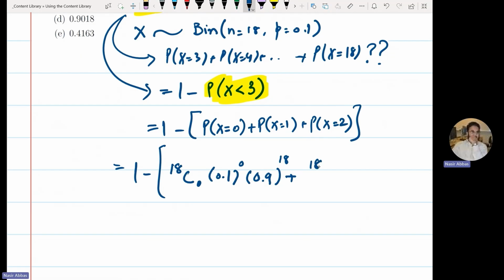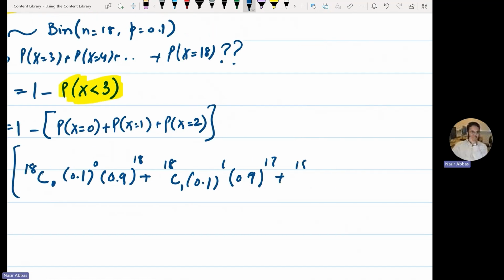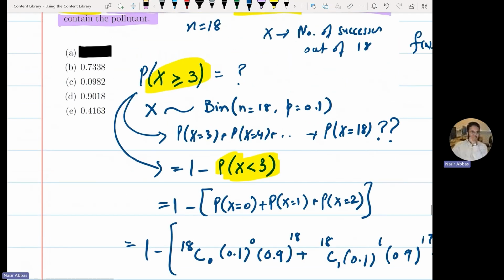Plus 18 combination 1, 0.1 to the power 1, 0.9 to the power 17, plus 18 combination 2, 0.1 to the power 2, 0.9 to the power 16. Solve these three and you will get this answer, 0.2662.